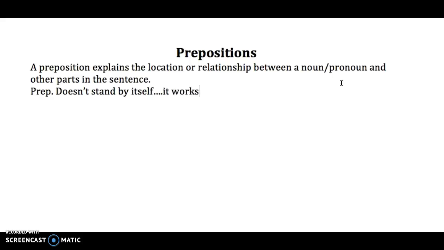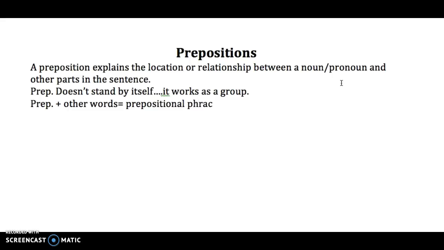So you can say it collaborates with others. It works as a group. So when you have a preposition plus a group of other words, you end up with a prepositional phrase.